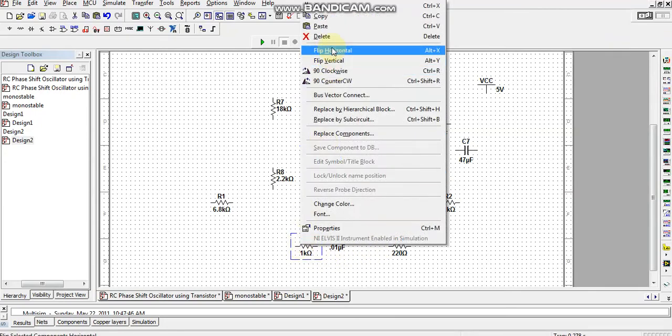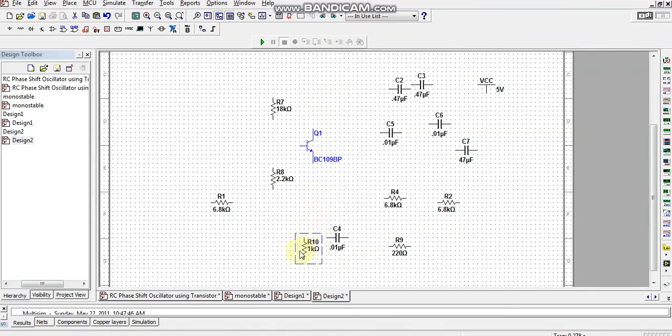This one, rotate it 90 degrees. RC was 1K, replacing this same line. And RE was 220 ohm. Rotate this and place it here. Okay.